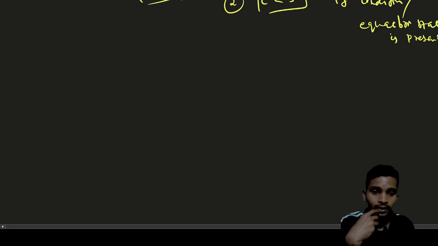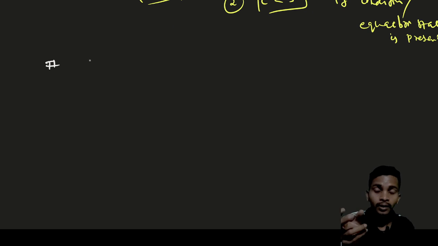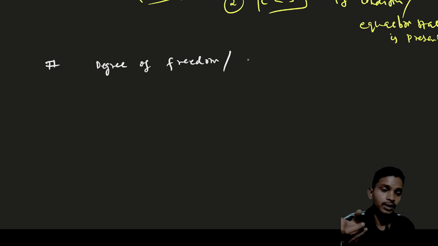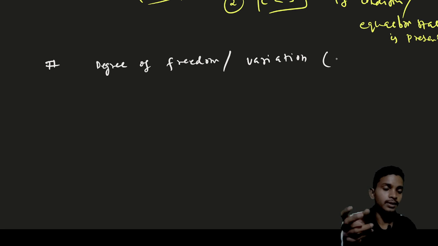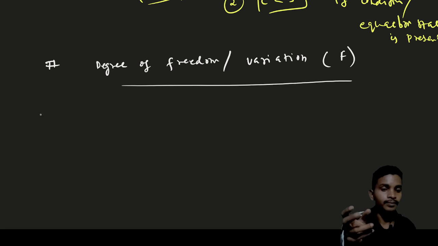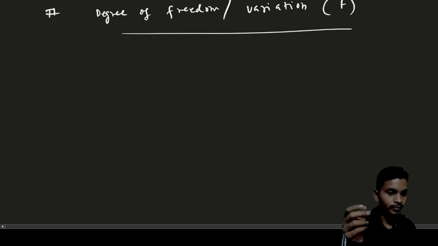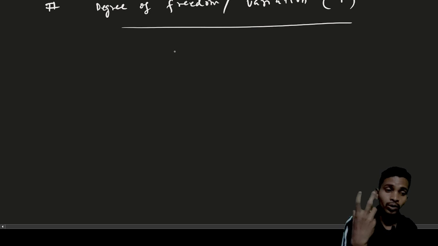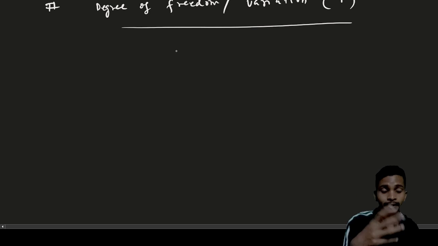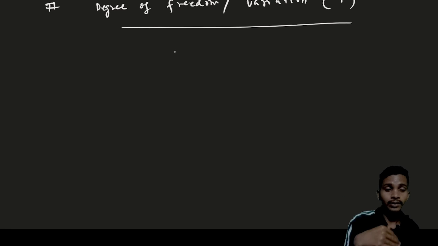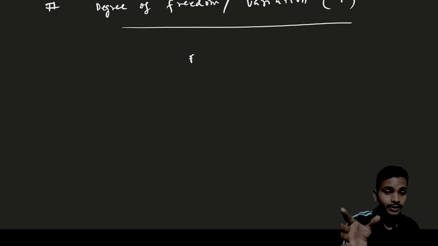Then the third term we will discuss is degrees of freedom, which you can also call variations, defined as F. Even if I explain it now you will not understand it; when you go through these chapters you will understand what F means.